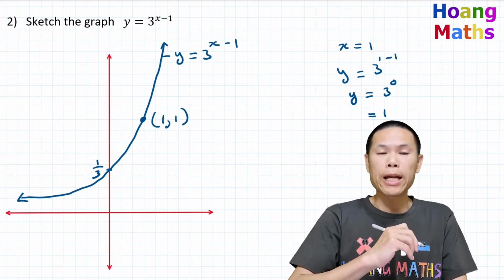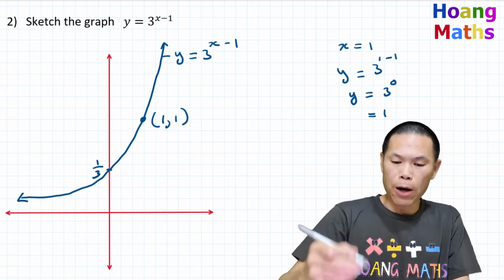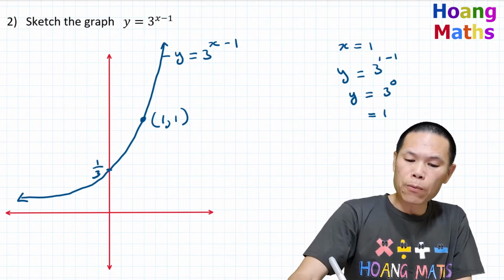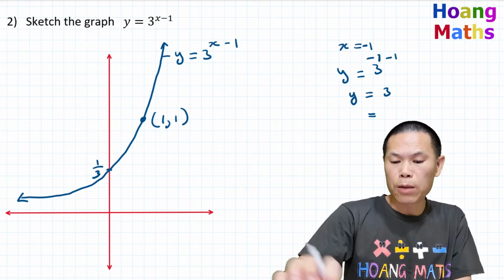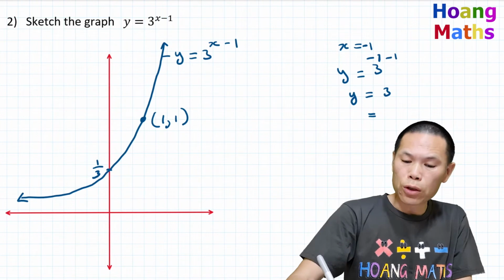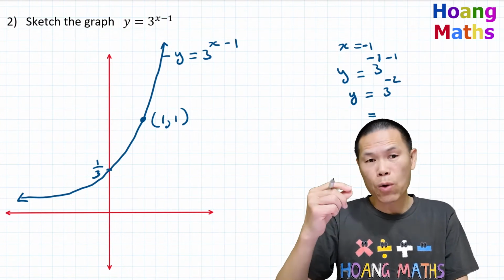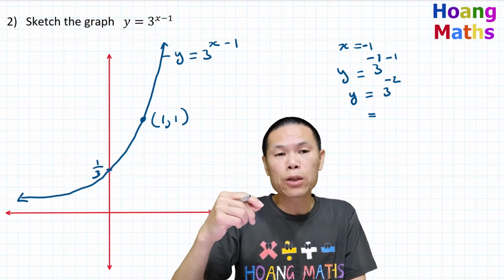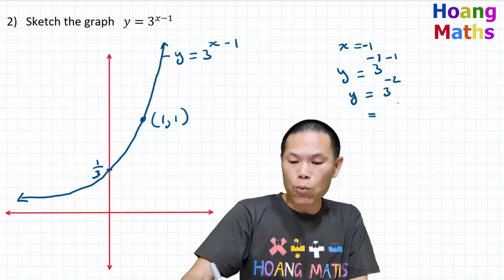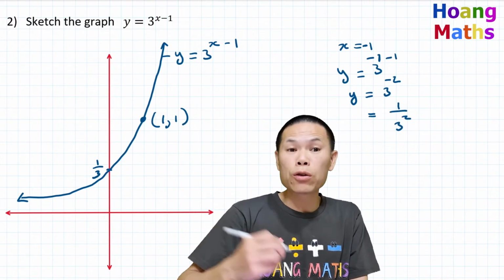And we can locate another point if you like. So let's try when x equals -1. So when x is -1, that becomes -1 minus 1, which gives me -2. So 3 to the power of -2. You can put that on a calculator. Otherwise, from index law, we bring the index down, so that becomes 1 over 3 to the power of 2, and we know that 3 to the power of 2 is 9.